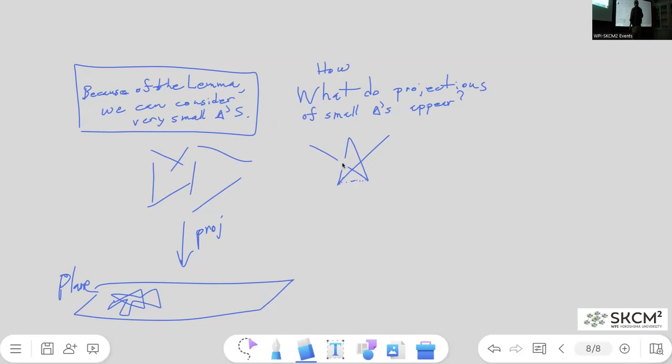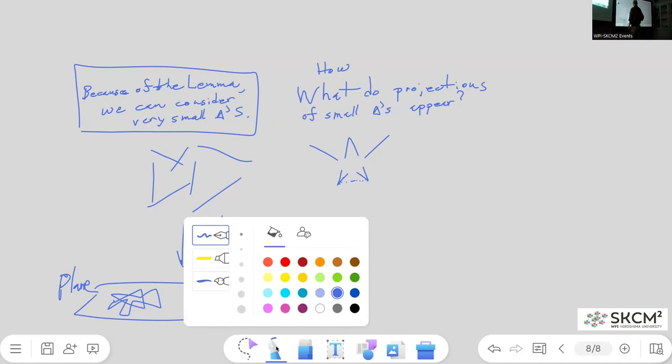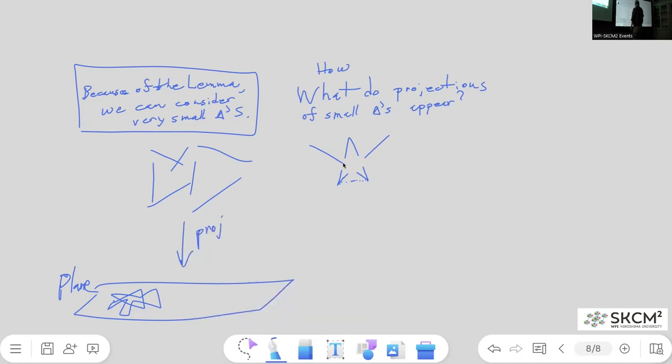So I have to choose the crossing. And it might be like this, one of many cases. So this is what a projection of a small triangle might look like. Not a lot of lines going across the small triangle, just two coming from the endpoints. So this goes in, oops, that guy there needed to have a choice.